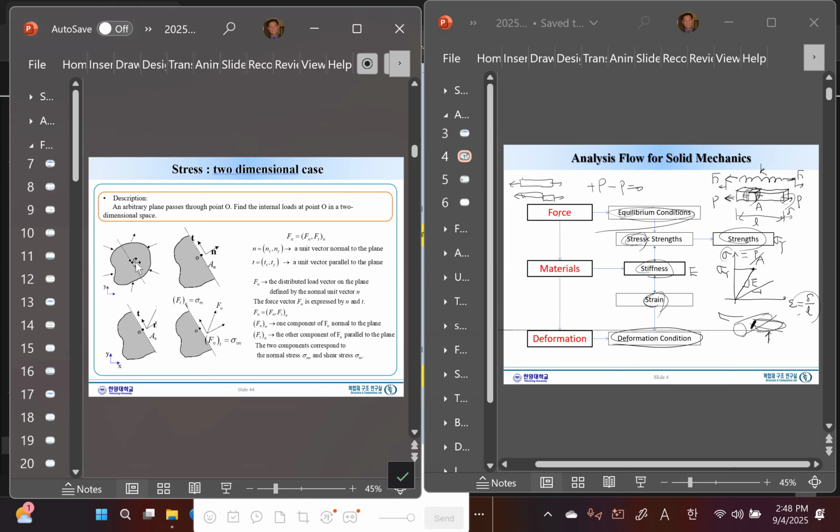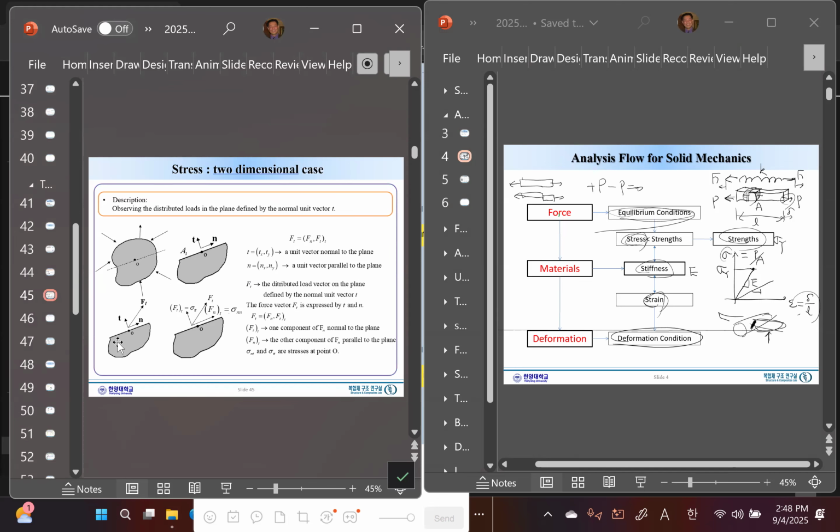Well, the only way is through cutting, right? See what's going on. The way we cut is this way and that way, or many different ways of cutting. So even though there is something going on, the way we cut, it shows differently. So this is the way we describe stresses at point O.